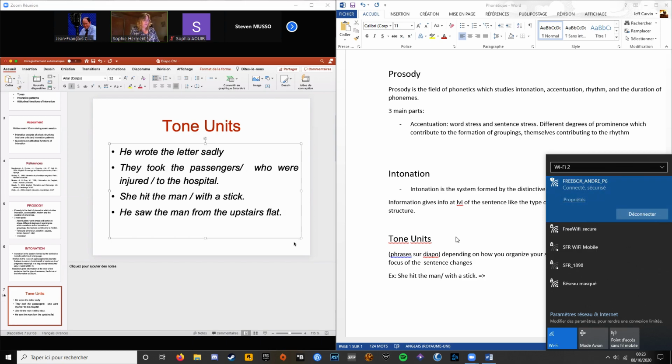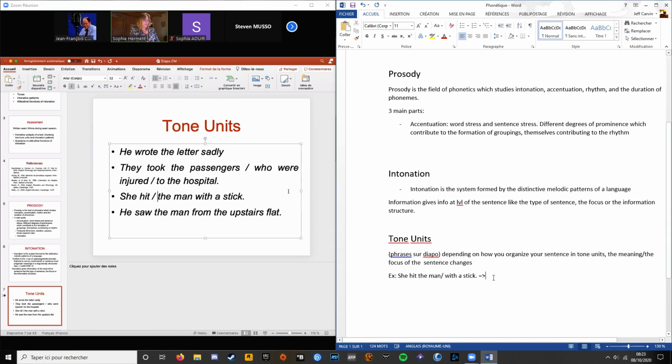She hit a man with a stick. It means that she hit a person who had a stick. Okay. Of course, in fact, the division into tone units can disambiguate the sentence, but sometimes you just say she hit the man with a stick, and you don't know which interpretation it is if you just make one tone unit, and sometimes it's the context which is going to help you disambiguate.